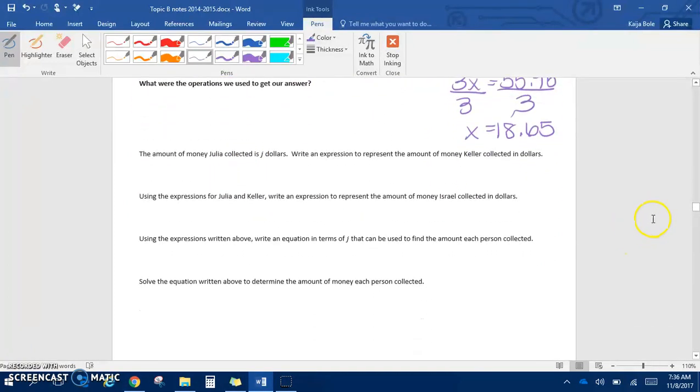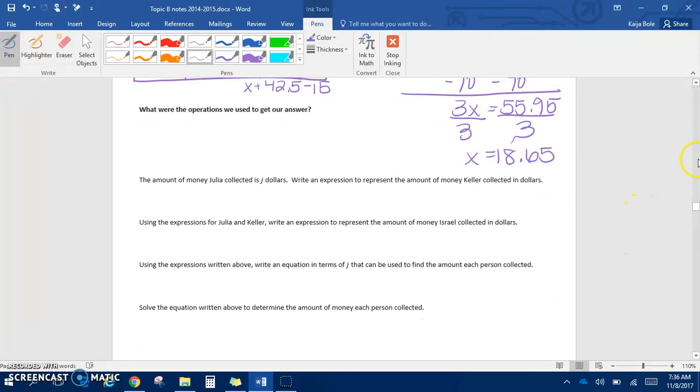Alright. So now, if we skip a little bit, we know what x is. We're going to skip all the way down to the bottom here. It says, solve the equation written above to determine the amount each person collected. So for Julia, we know Julia was just X, so she was just $18.65. Right, Keller's equation was X plus 42.50.